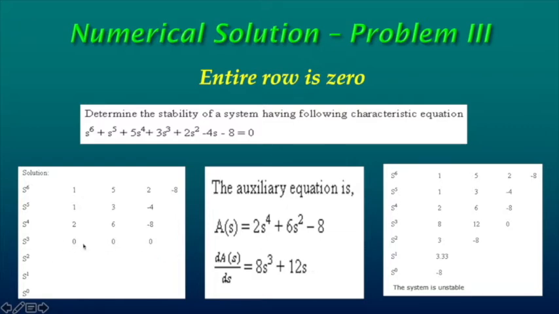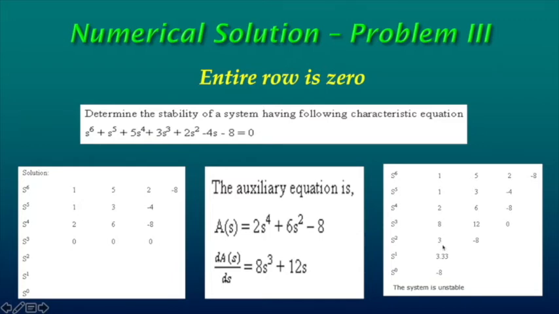Then put 8, this coefficient, and 12, and this is also 0. Then find the next row: 3 into 12 minus 8 into minus 8 divided by 3, so this is 3.3 and this is 0, and this value into this minus 3 into 0 divided by this, so this is minus 8.